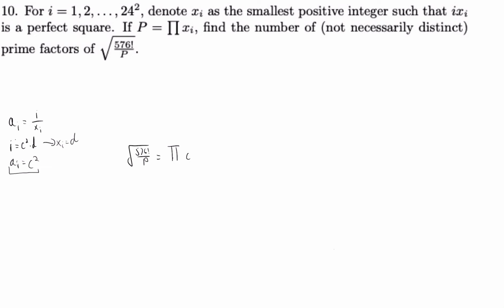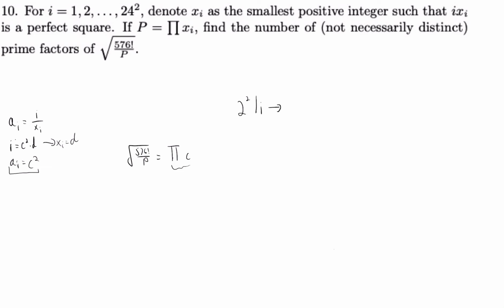Okay, now how do we find the product of all c? We know that c is basically just the square root of the largest square that divides a specific positive integer. Let's just say, for example, that 2 squared divides i. Then, remember that we're finding the number of prime factors. So how many factors of c does that contribute?